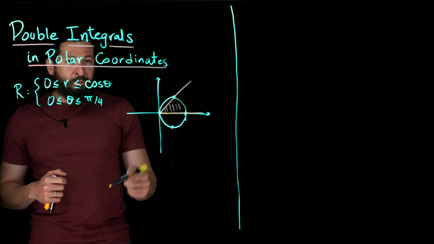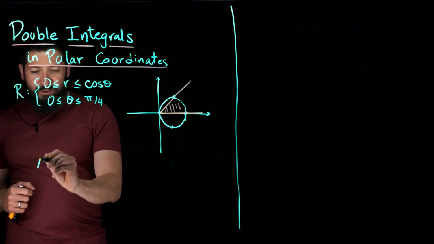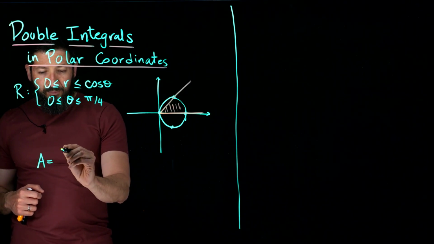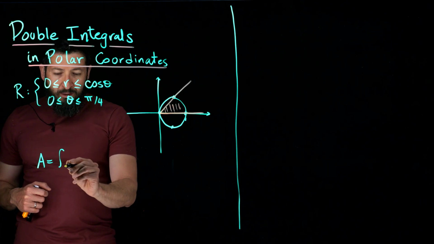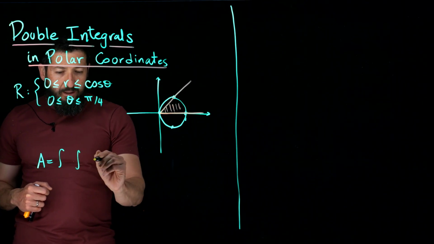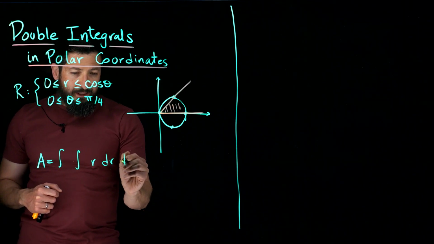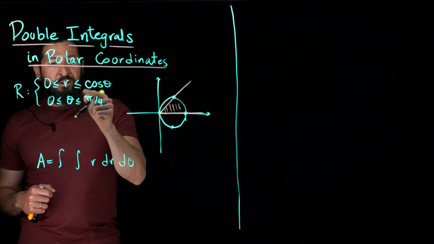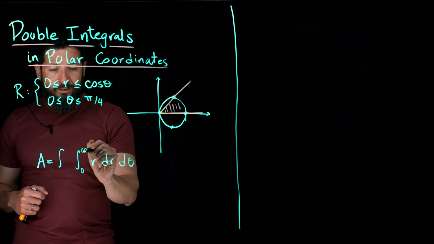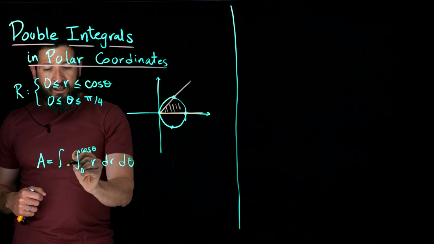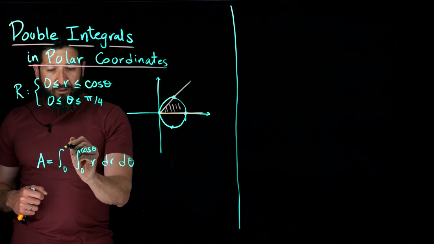So the way you would calculate that, as we said, is going to be the integral of r dr d theta, where the radius is going from 0 to cosine theta, and then the angle is going from 0 to pi over 4.